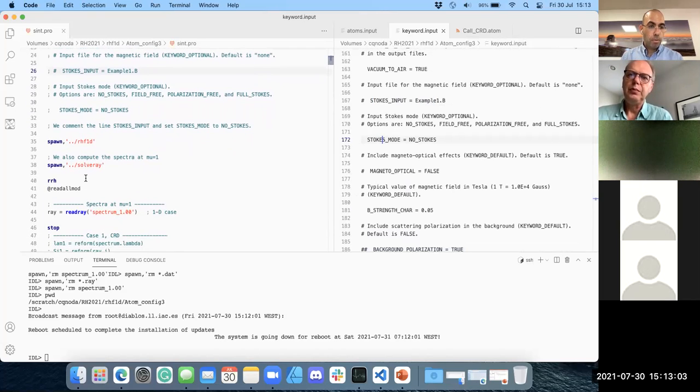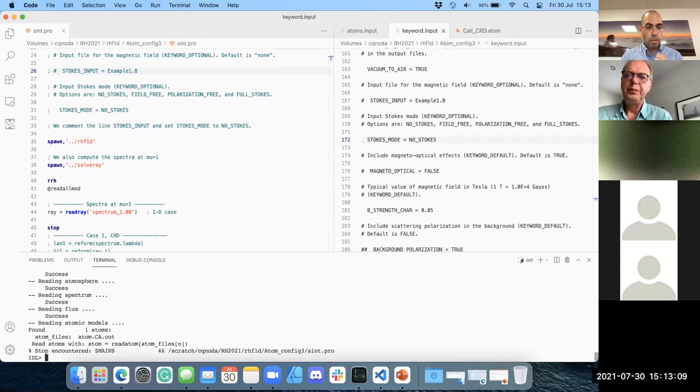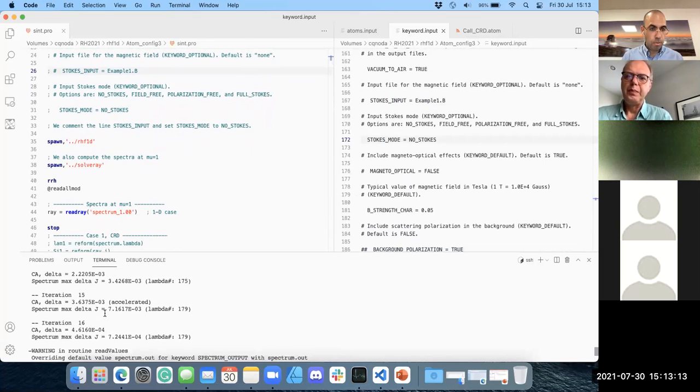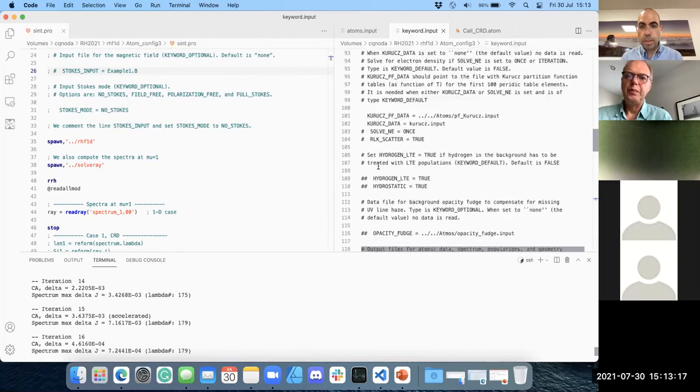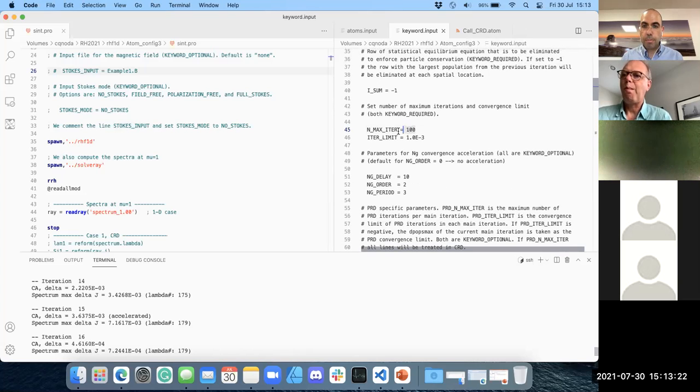Okay, so with this, we can just run the code. And as last week, the code converges to a solution. If you remember, we said that it was okay to provide a relatively large number of iterations.